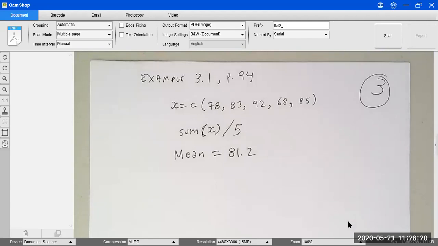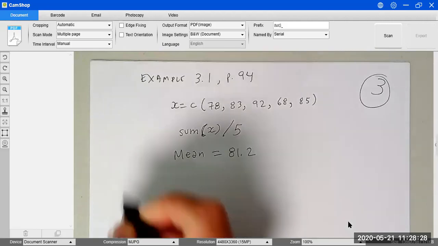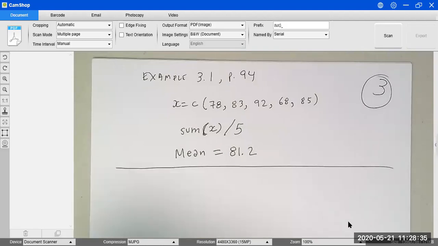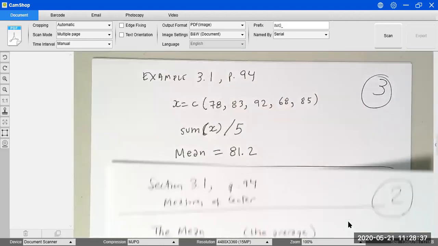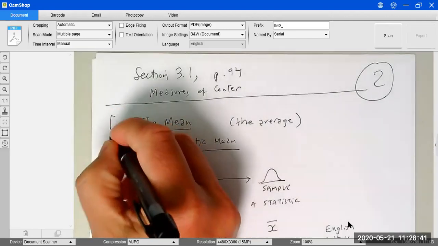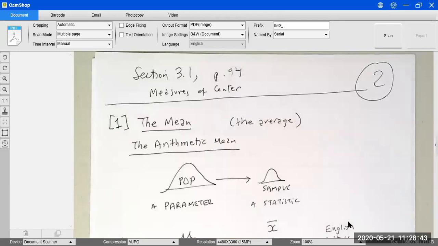So we have now the median. I'm going to first define another measure of center. The first measure of center that we worked on was the mean. So I'm going to write here that this is the number one measure of center, the mean.